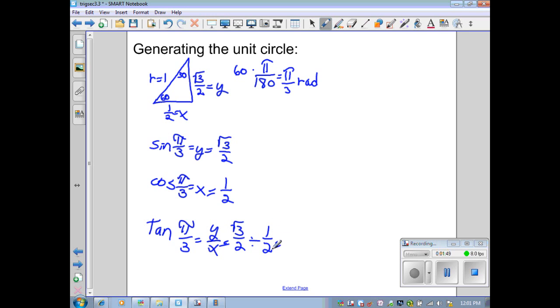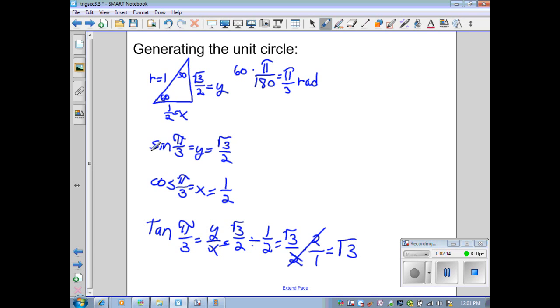Continuing to simplify, I'm going to get the square root of 3 over 2 times 2 over 1, which will give me the tan of pi over 3 equal to the square root of 3.